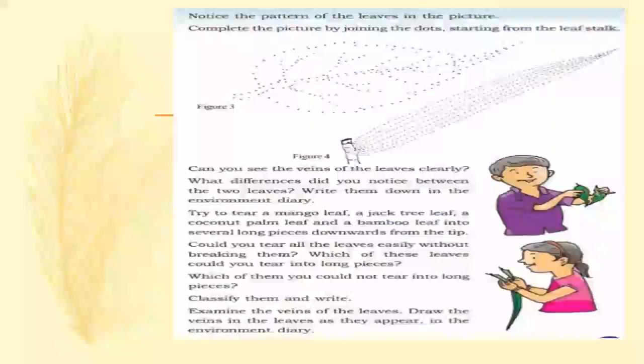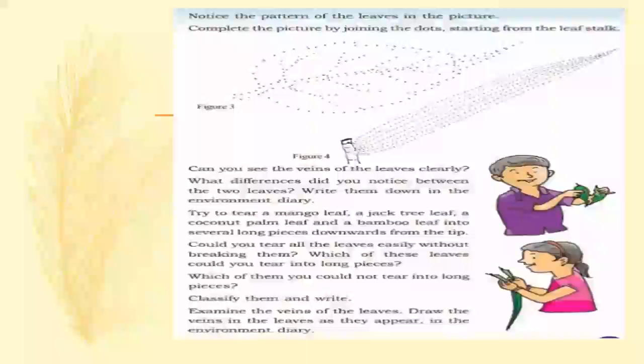Try to tear a mango leaf, a jacktree leaf, a coconut palm leaf, and a bamboo leaf into several long pieces downwards from the tip. Could you tear all the leaves easily without breaking them?